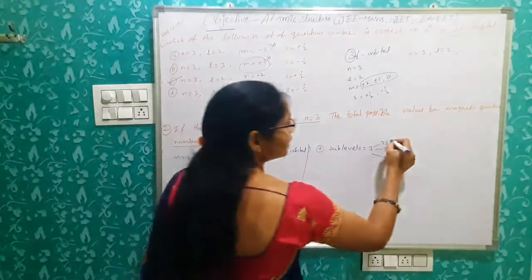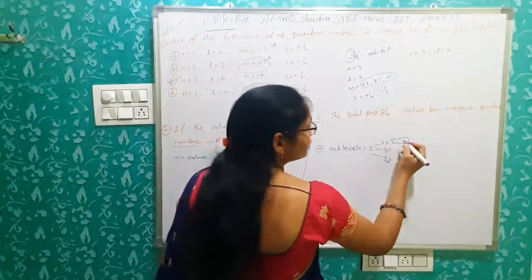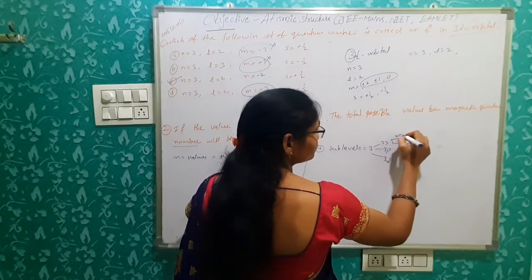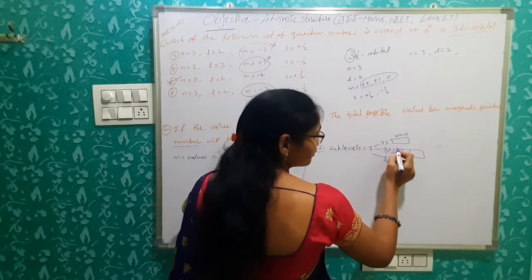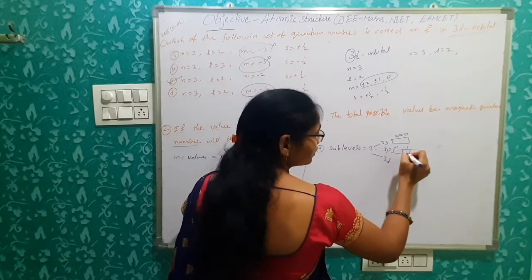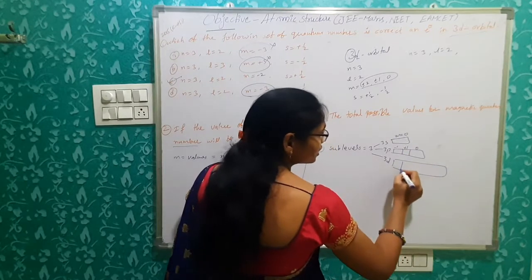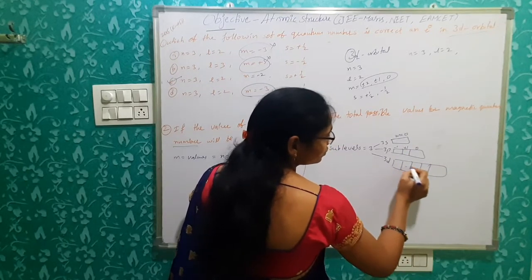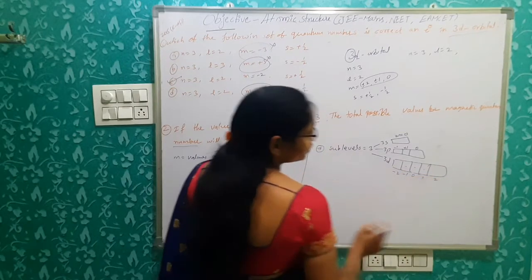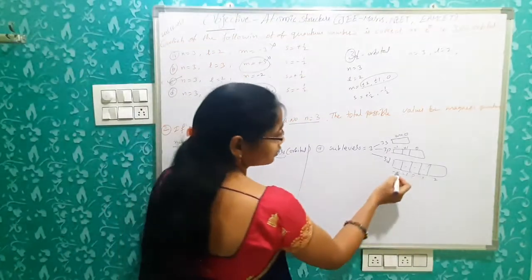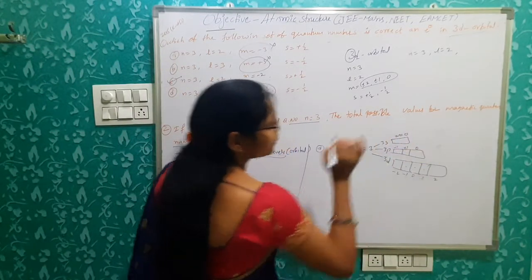For 3s, 1 orbital, means m equals 0. For 3p, m may be minus 1, 0, plus 1. 3d has 5 degenerate orbitals: minus 2, minus 1, 0, 1, 2. So now calculate: 1, 2, 3, 4, 5, 6, 7, 8, 9.